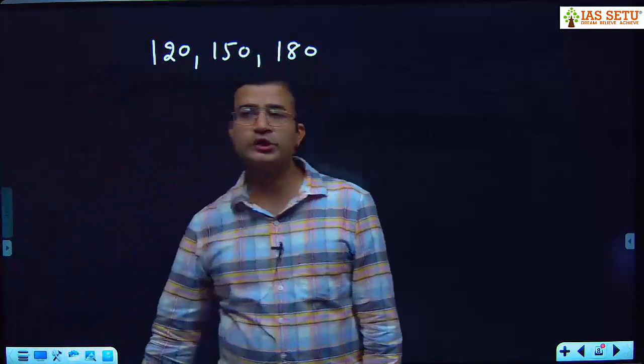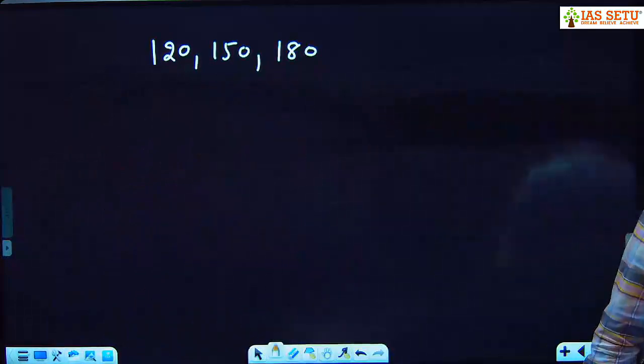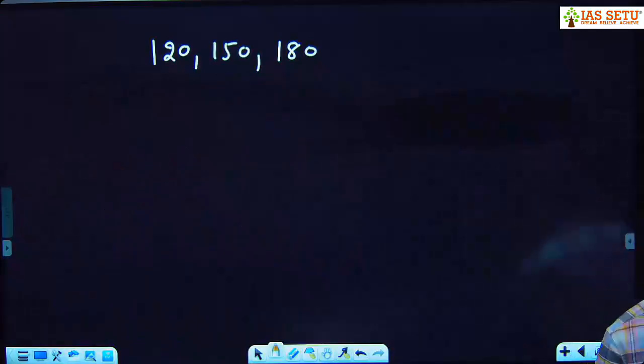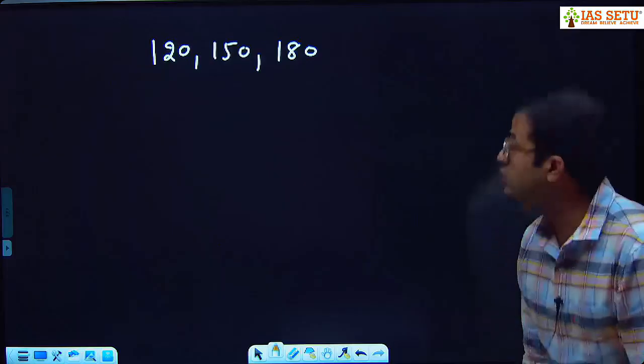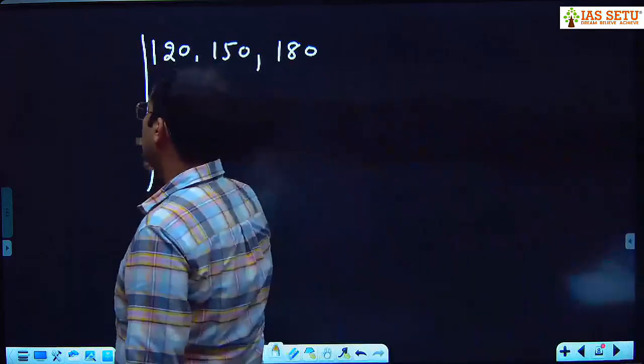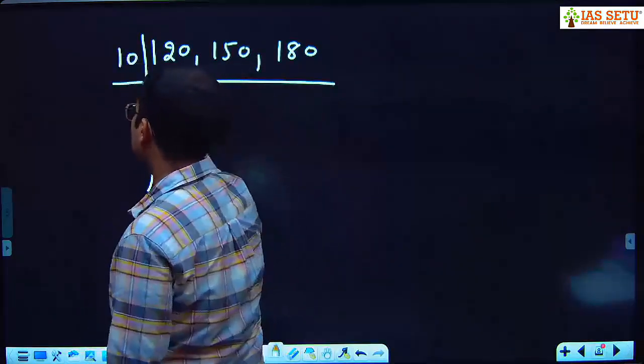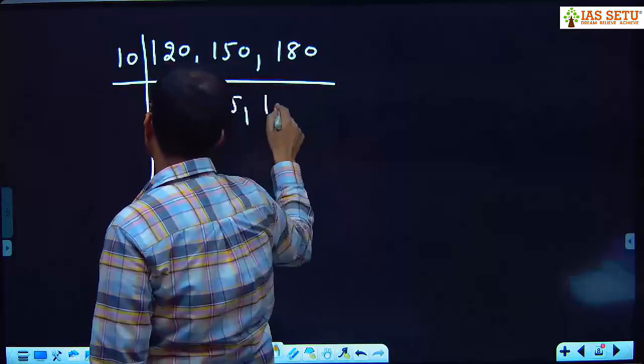Try to find the HCF of 120, 150, 180. देखो सीधा सीधा 10 कॉमन आ रहा है, तो you can take 10 common. 12, 15, 18.